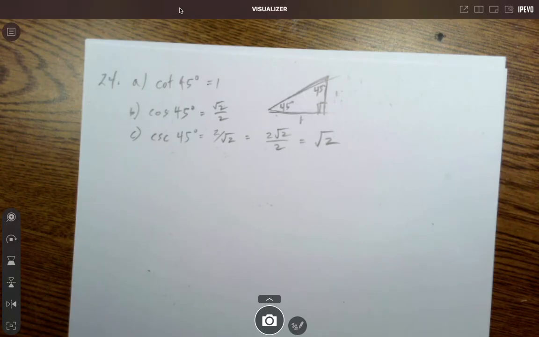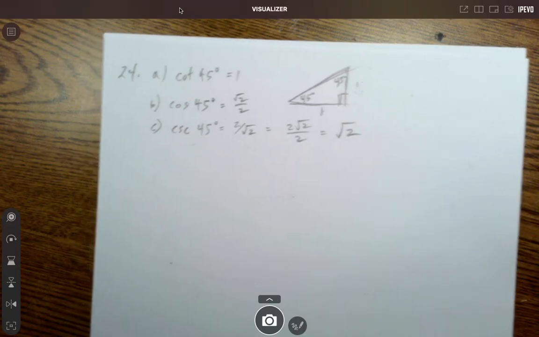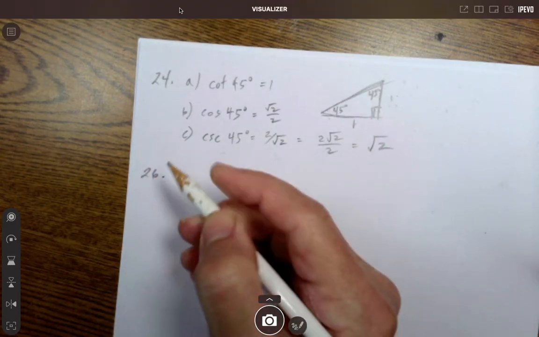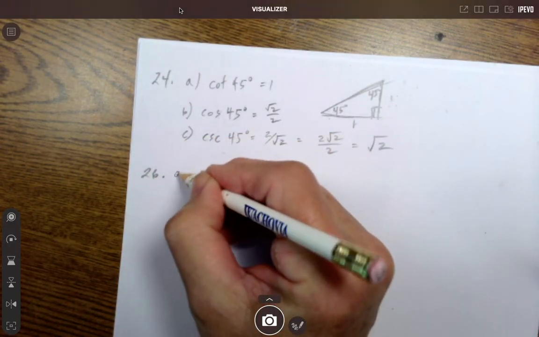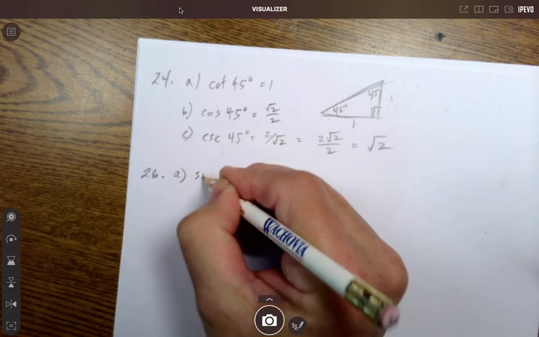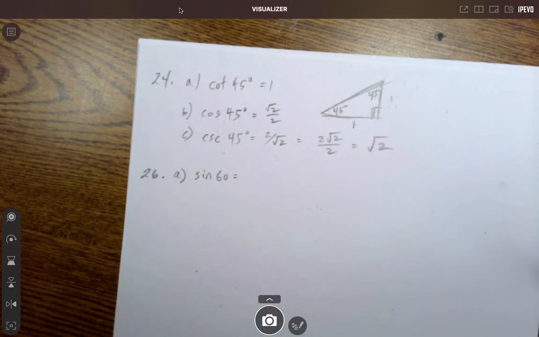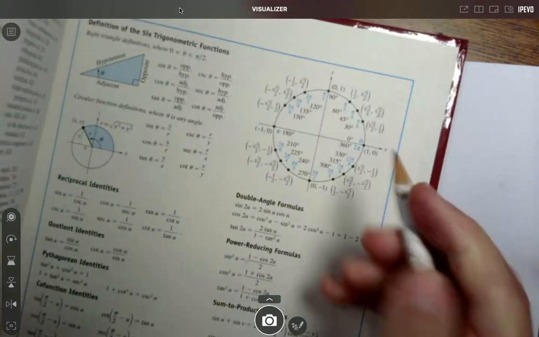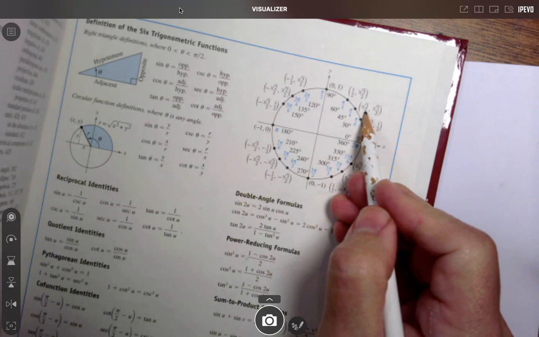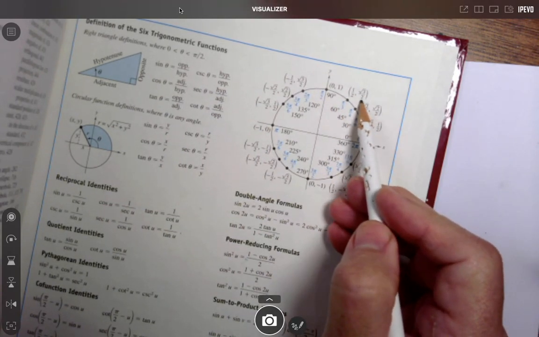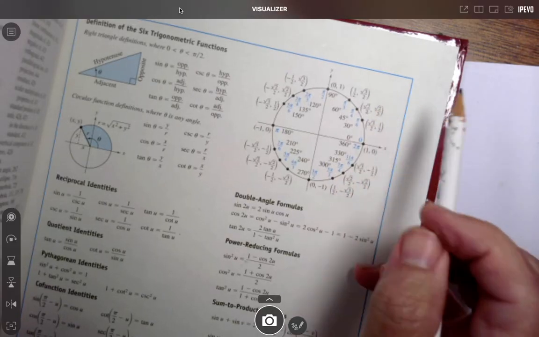Let me do one more like that. I'll do 26. So in 26a, we've got the sine of 60. Okay, looking back again at my table, here's 60. Remember, sine is the y, so that's square root of 3 over 2.